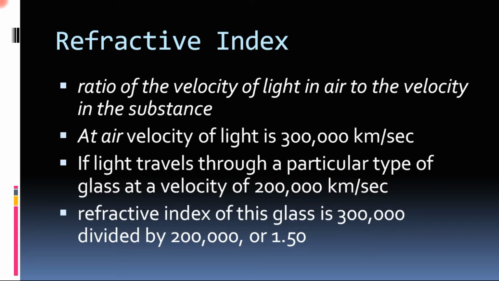So 300,000 divided by 200,000 gives us a refractive index of 1.50. This means that with a refractive index of 1.50, the light will be traveling slower in this substance.